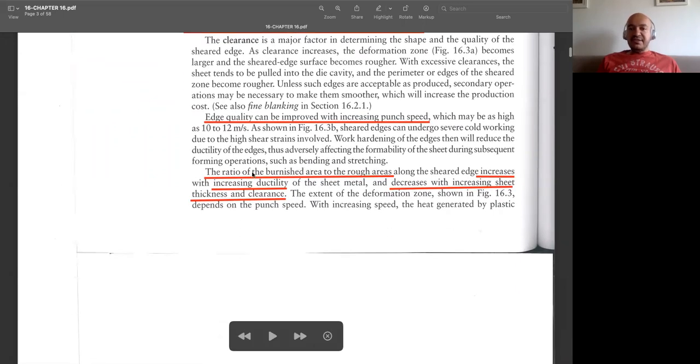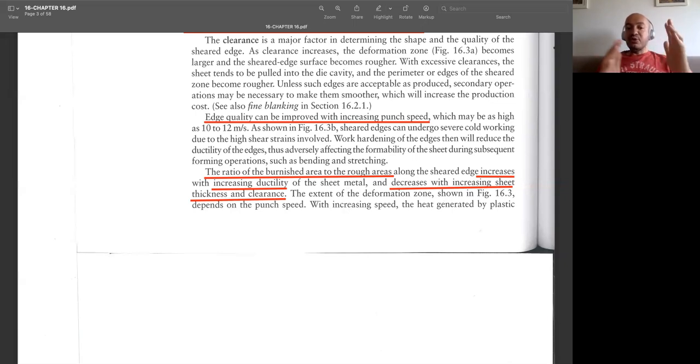We can also improve the ratio of burnished area to rough area if you increase the ductility of the material. Since the ductility is improved, you will have shinier surfaces. This ratio may also be decreased by increasing the sheet thickness, since once you perform the shearing operation on a thicker workpiece, you will probably have more cracks and the side surfaces will be rougher than with thinner sheets.